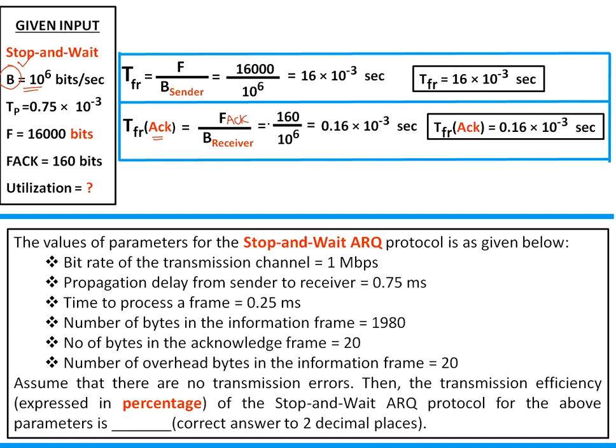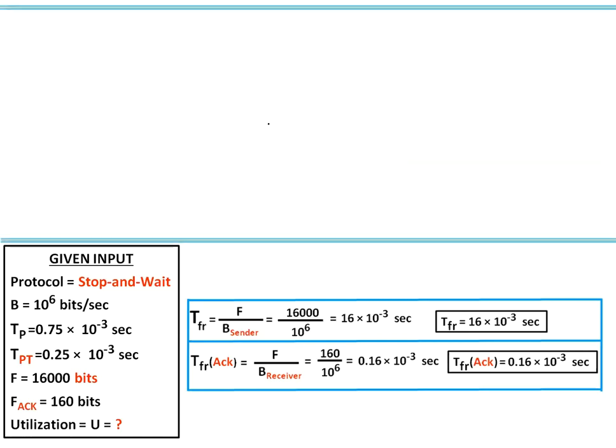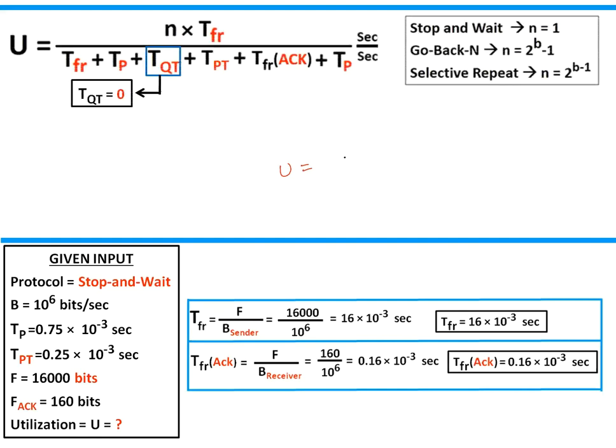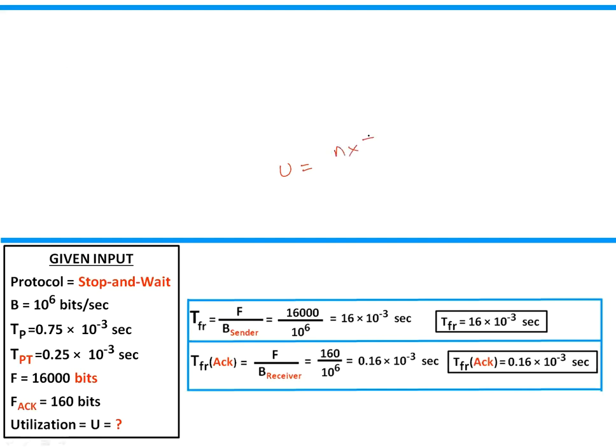So you calculated both. Now, please tell me the formula for utilization. Utilization U is equal to, in terms of time, N into TFR by how much time it takes: TFR to place a frame onto the medium, TP to reach other end.